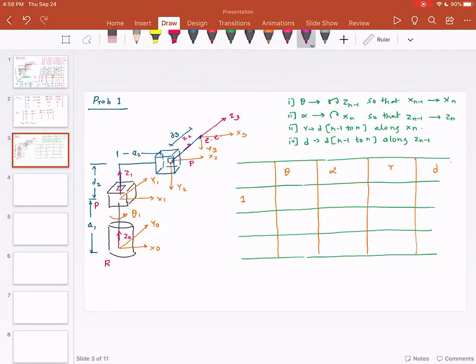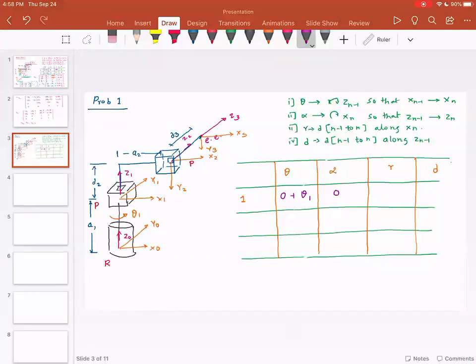Both of them are already aligned. So I will have theta is 0 plus theta 1. Alpha is the rotation about Xn, so that Zn minus 1 gets aligned with Zn. Please note Z0 and Z1 are already aligned, so alpha is equal to 0.